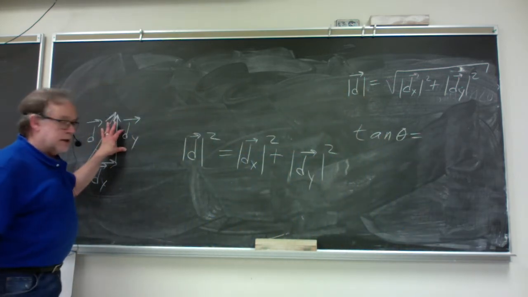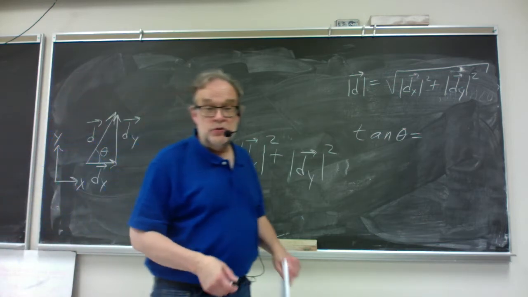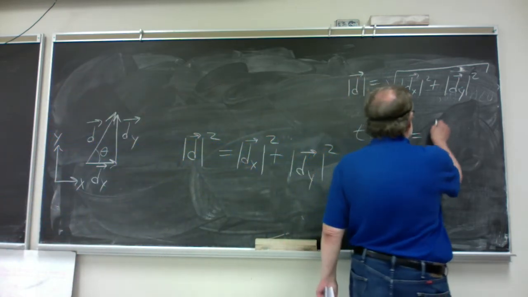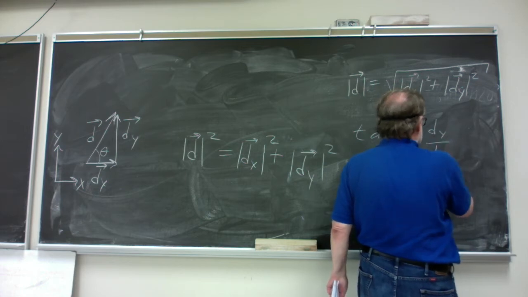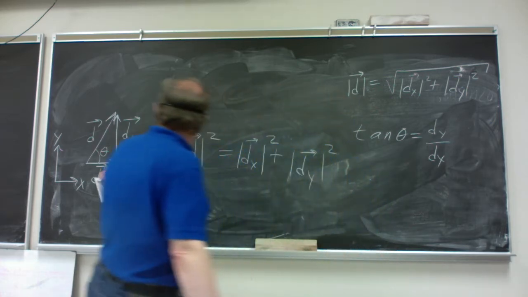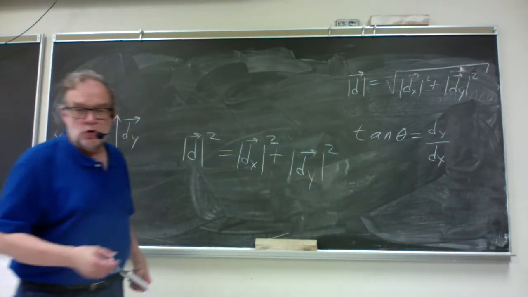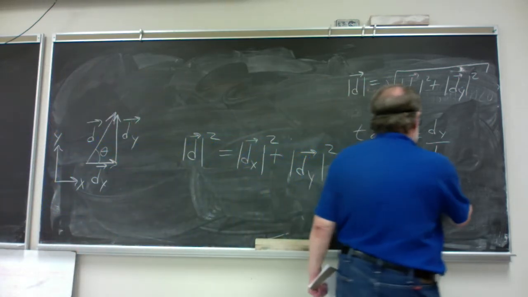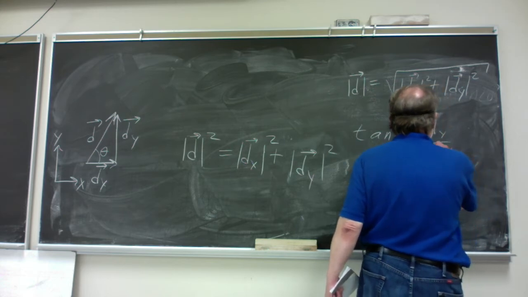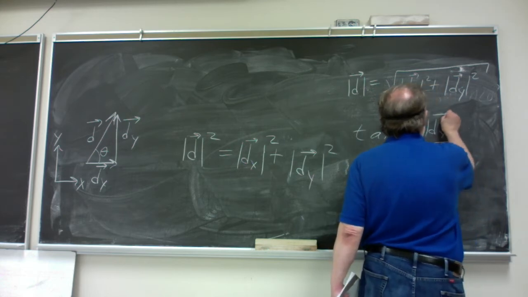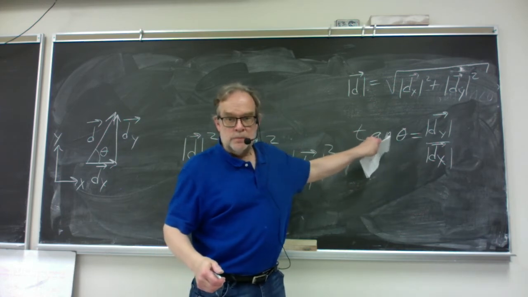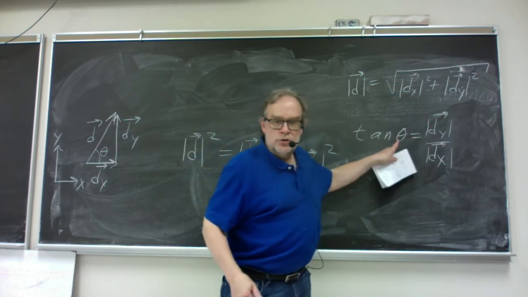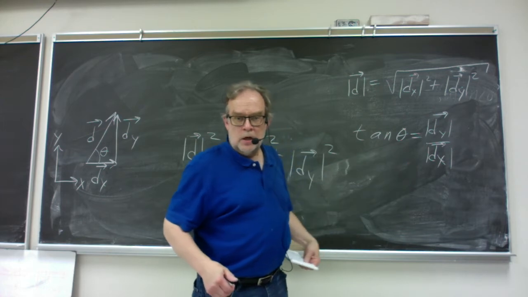And this length just corresponds to the magnitude of dy. And the length of the side adjacent just corresponds to the magnitude of dx. So what you're looking for in this equation, you know these numbers, you're trying to solve for theta.